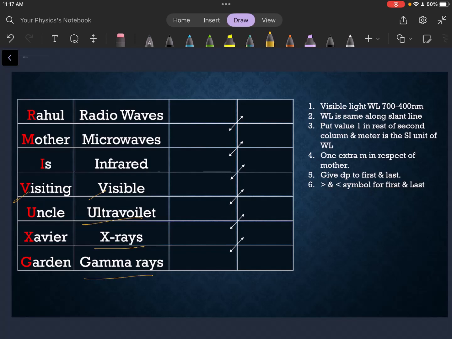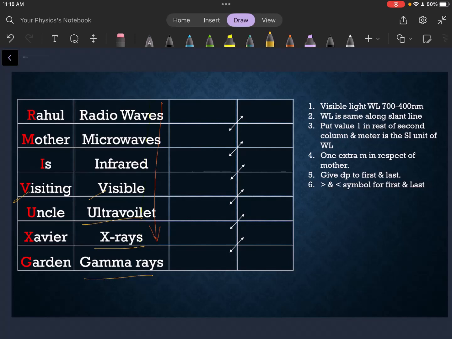Now the wavelength is decreasing as we go down. To find the wavelength of each electromagnetic wave, first you need to remember only the wavelength of visible light.